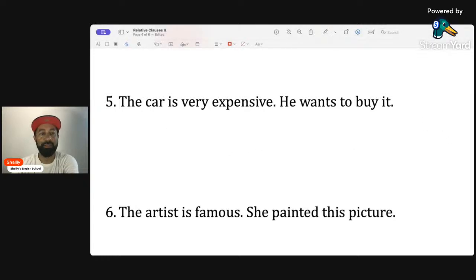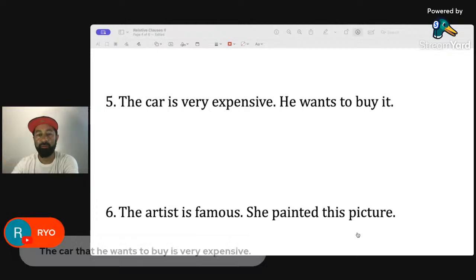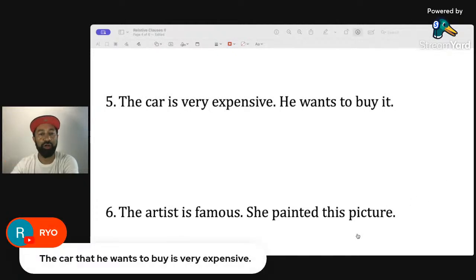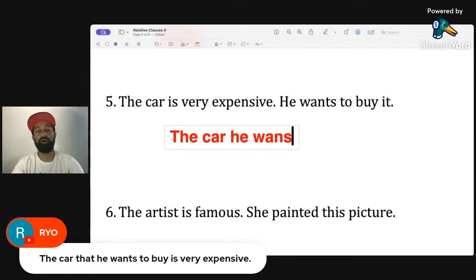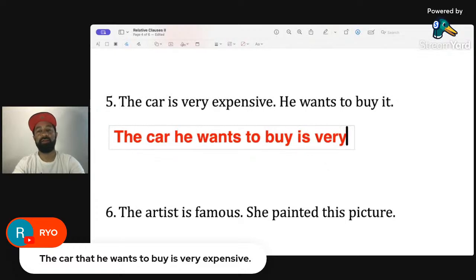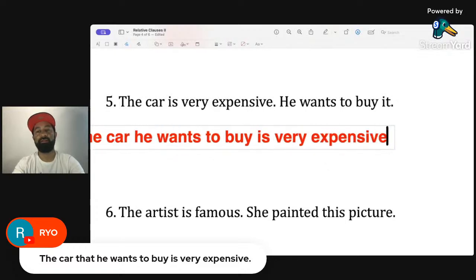All right, so for me in this one, the car that he wants to buy is very expensive. Perfect. Now, if you don't want to add the relative pronoun here, you don't have to. The car he wants to buy is very expensive.